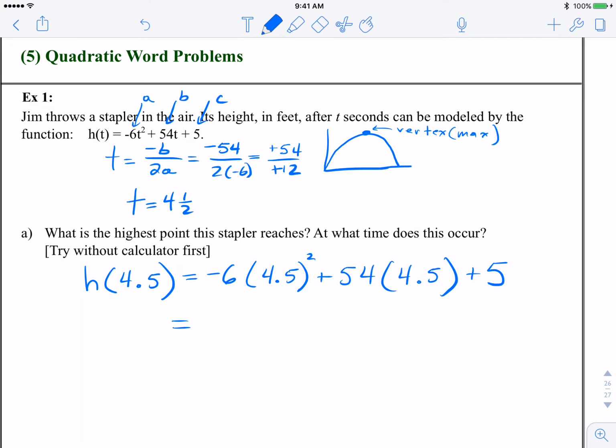Okay, and I'm going to enter this on my calculator. You can either enter it in as one string, exactly as it looks. Things get a little tricky if you try to break it up into pieces. You might leave something out. So I'm literally typing in the right-hand side here using parentheses, squared, and I get 126.5.